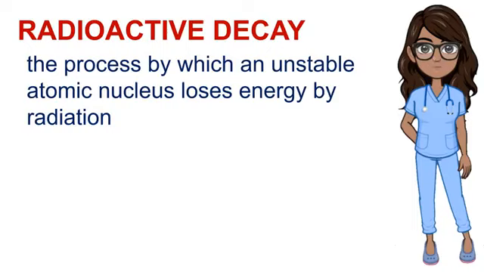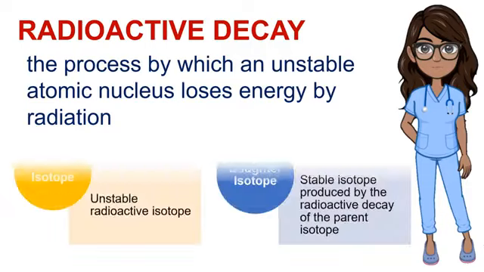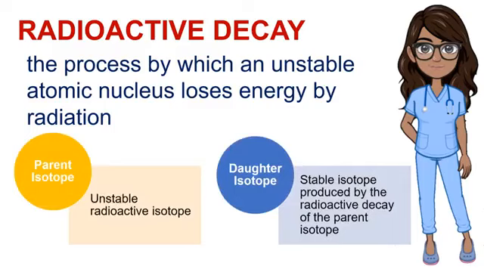We can use the relative amounts of unstable and stable isotopes present to determine the age of an object. It breaks down unstable radioactive isotopes into stable isotopes. The parent isotope is the unstable radioactive isotope, while the daughter isotope is the stable isotope produced by radioactive decay of the parent isotope.